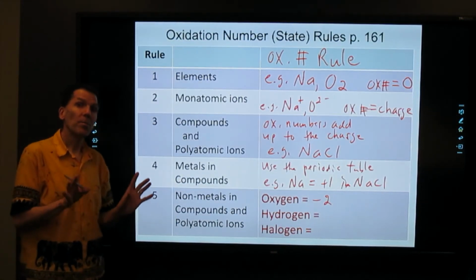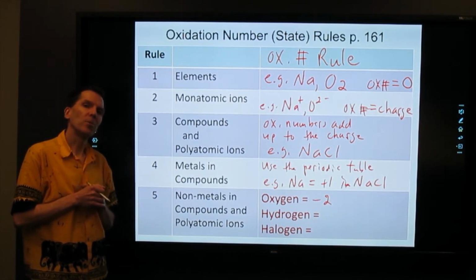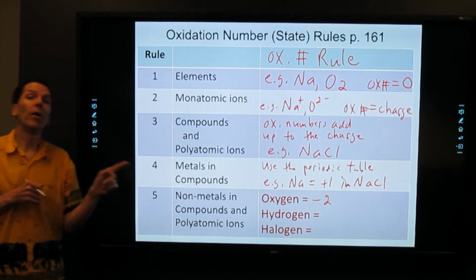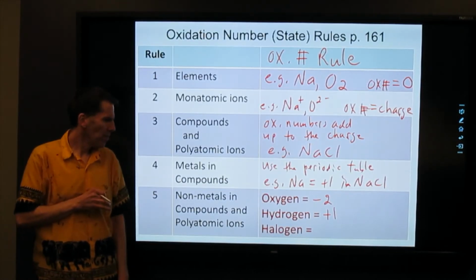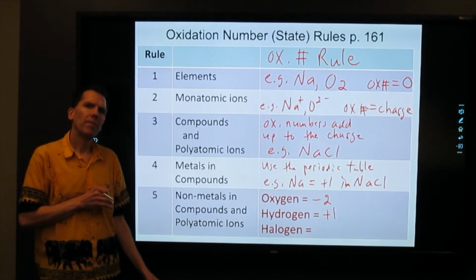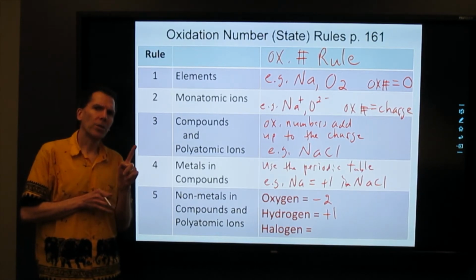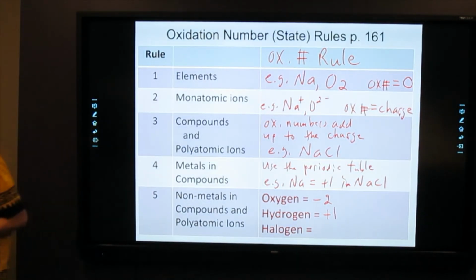There are exceptions, but for our purposes, it's a -2. Hydrogen, once again, there are possible exceptions, but for our purposes, when hydrogen is in a compound, it will be a +1. The halogens, like chlorine, bromine, iodine, for example, when they're in a compound, they will typically be -1 unless oxygen is present, and then oxygen will dominate the conversation.